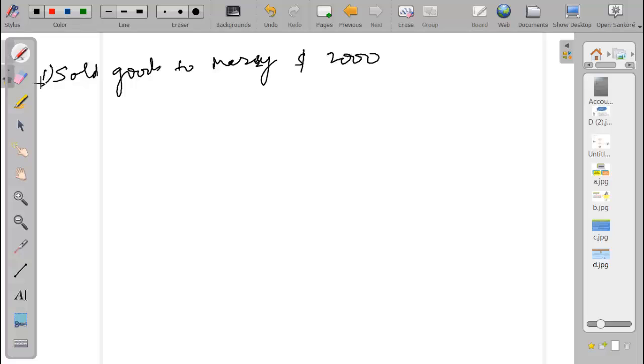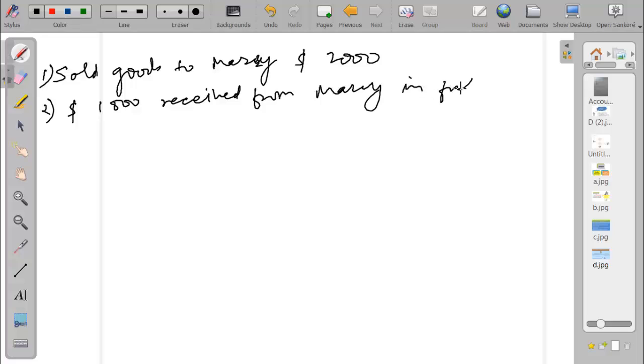This is the first transaction. Agree? Now the second transaction, $1,800 received from Mary in full settlement.